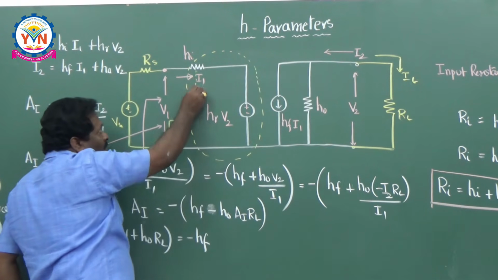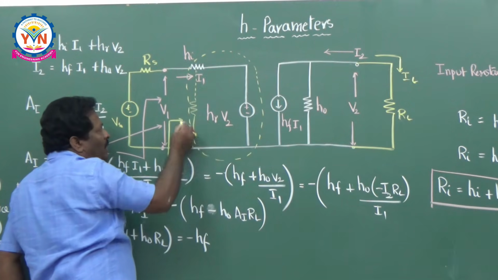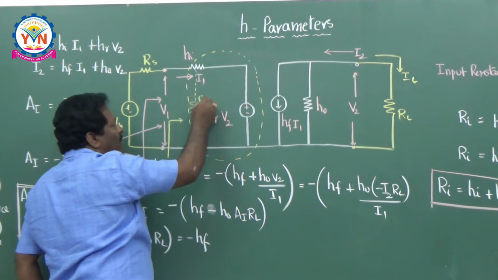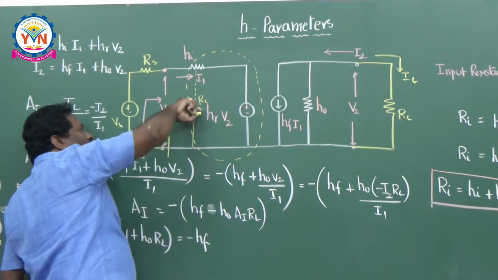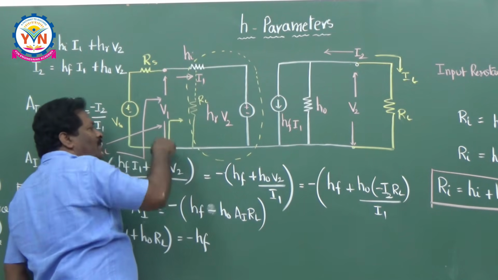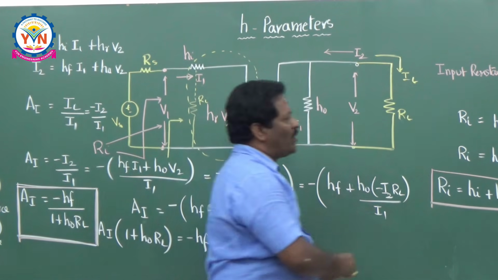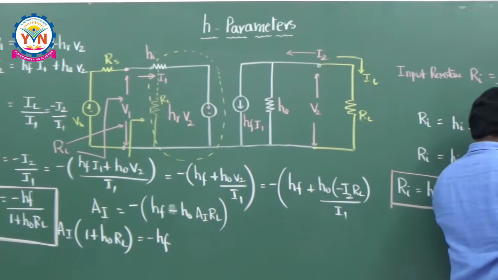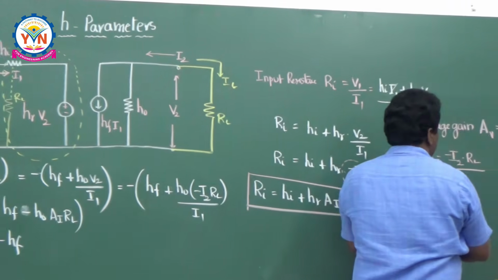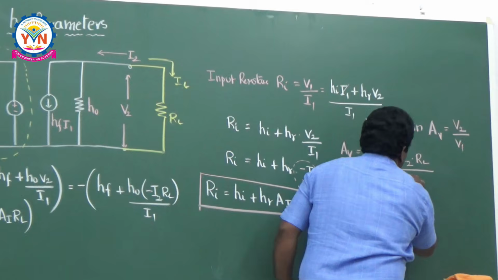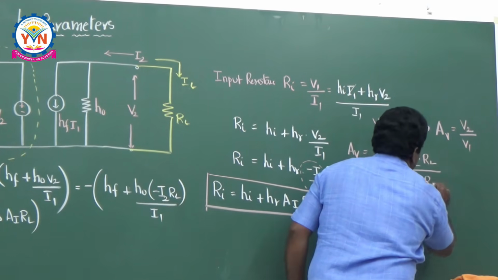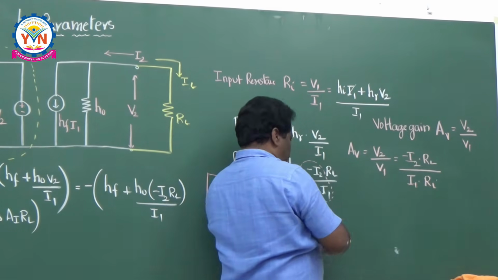So whenever you are seeing from the input side, it becomes Ri. So Ri into I1 is nothing but your V1. So in the place of V1 I can write I1 into Ri. Therefore, what is the voltage gain AV?